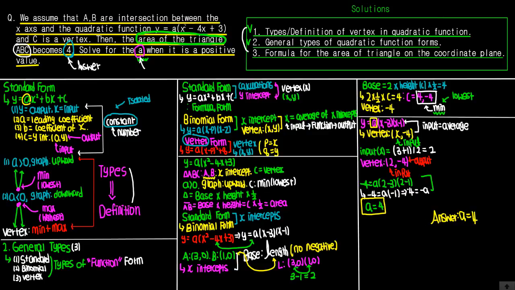And lastly, we applied our 3 solutions to solve this question, and we got our answer for a, our leading coefficient. If you think about what this leading coefficient does, it defines our type of vertex as well as the graph. And our a value in this case became positive 4.